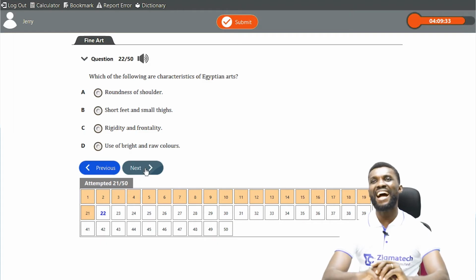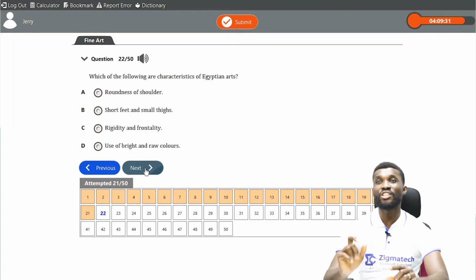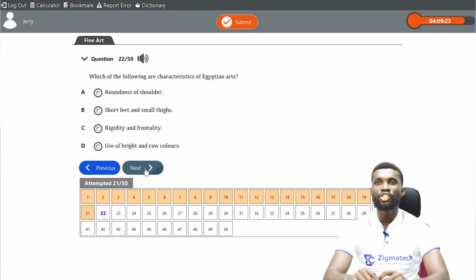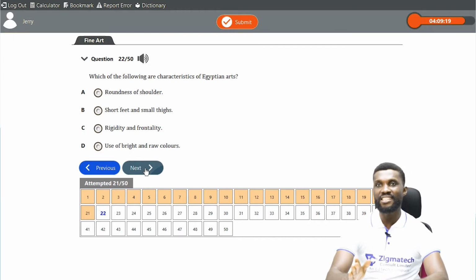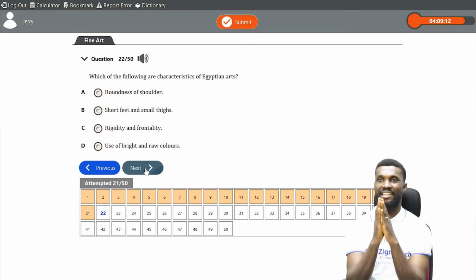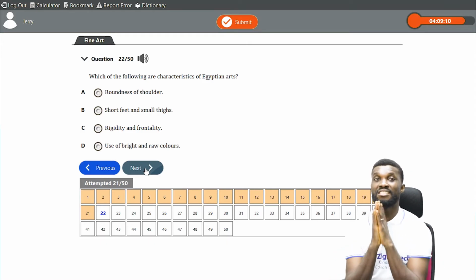Which of the following are characteristics of Egyptian art? A. Roundness of the shoulder. B. Short feet and small thigh. C. Rigidity and frontality. And D. Use of bright and raw colors. Now, one characteristic feature of Egyptian art is that they are rigid.